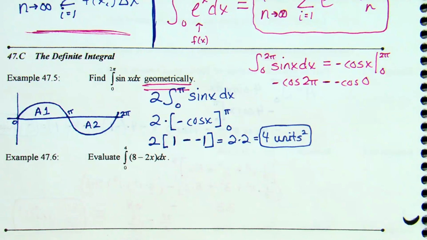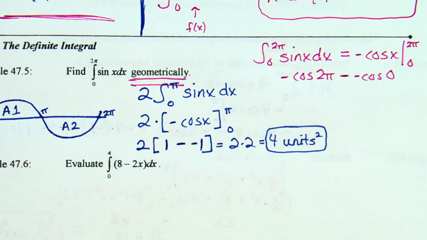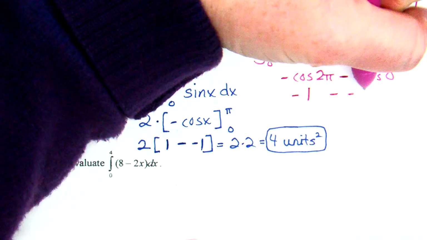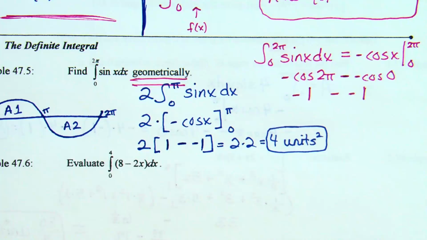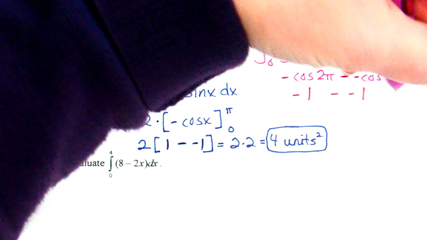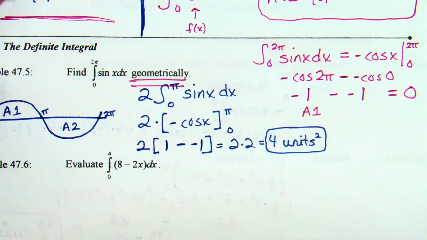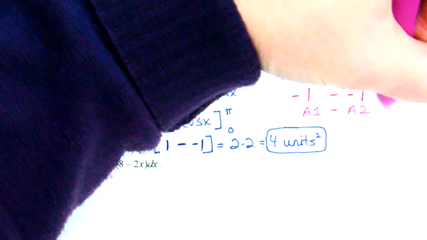Well, the cosine of 0 we already talked about as being 1. What's the cosine of 2 pi then? Also 1, right? So this is the negative of 1 minus the negative of 1. That becomes negative 1 plus 1, which is 0. So again, what this did is the first area, what I called A1, minus the second area that I called A2 is going to equal 0.